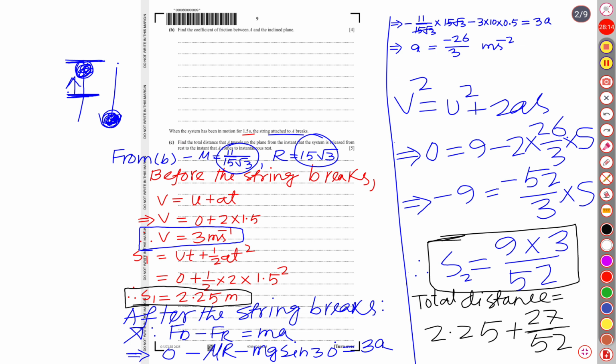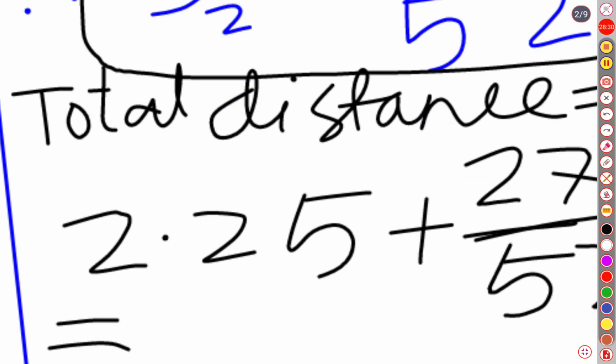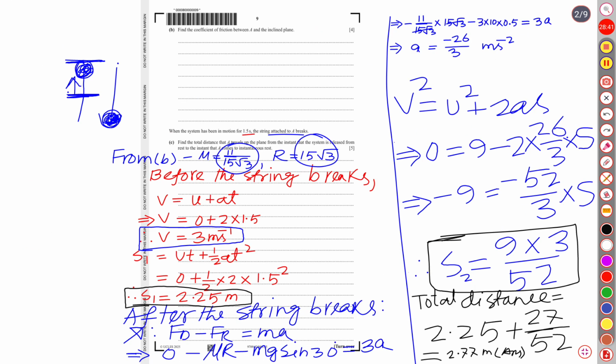Using our calculator, we find that the total distance traveled by particle A is 2.77 meters. So that is the total distance traveled by particle A before and after the string breaks. So that's all about the solution to question number C. Let's find the next question under the same topic.